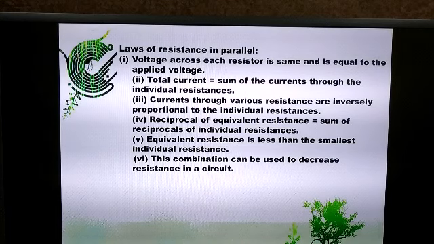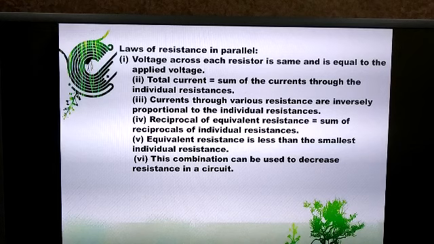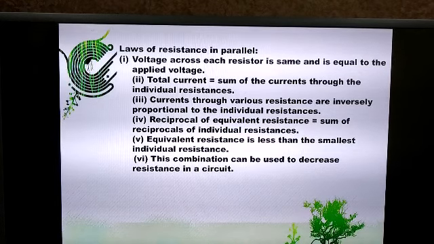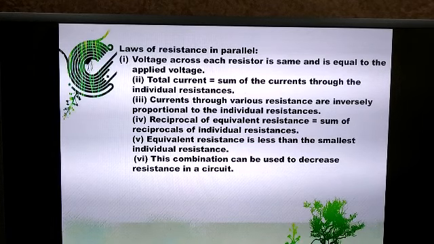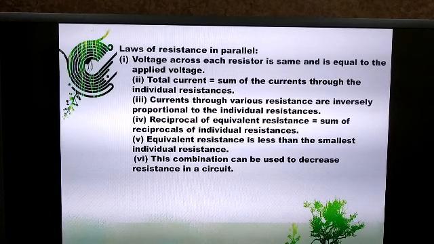Let us revise the laws of resistance in parallel. First law states that the voltage across each resistor is the same and is equal to the applied voltage. Second, the total current in the circuit is equal to the sum of the currents through the individual resistances. Third, currents through various resistances are inversely proportional to the individual resistances.